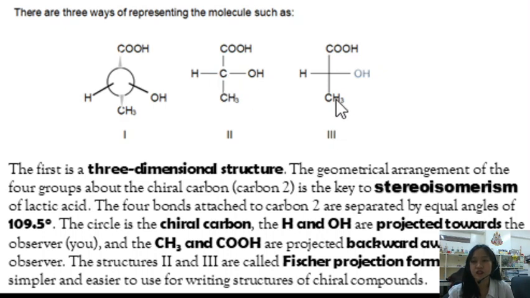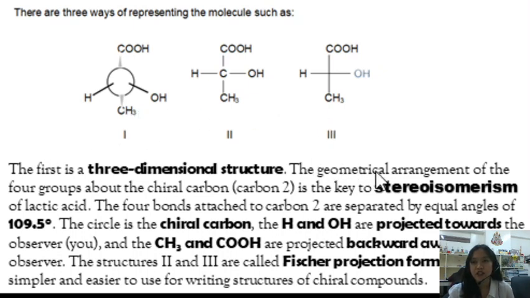And then, structure number 3, ang ginamit na lang is a crossed line. In this, understandable na nasa gitna ng line, at the center of the line, the carbon atom is located. So you have three different ways of writing the structural arrangement of the lactic acid molecule.